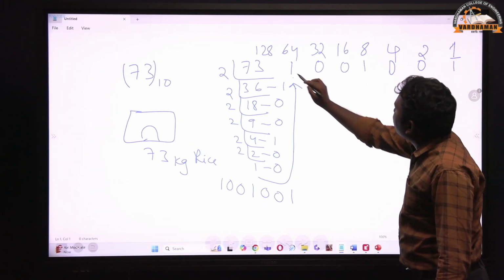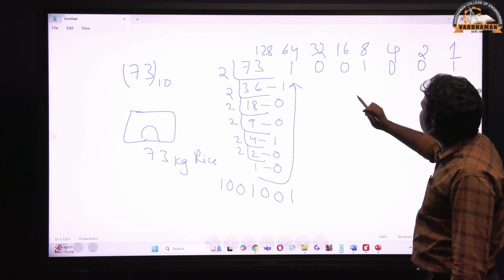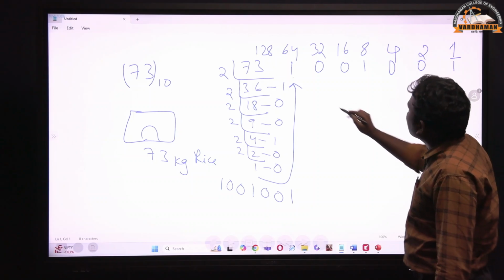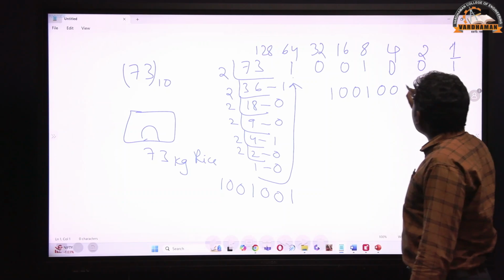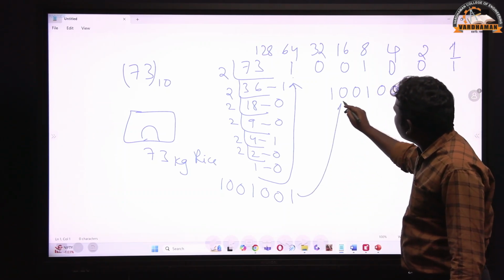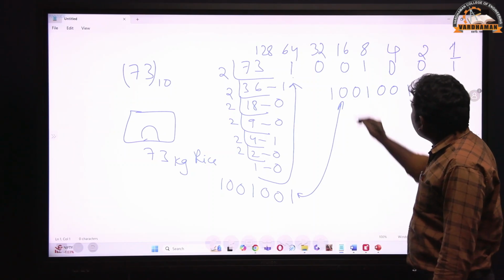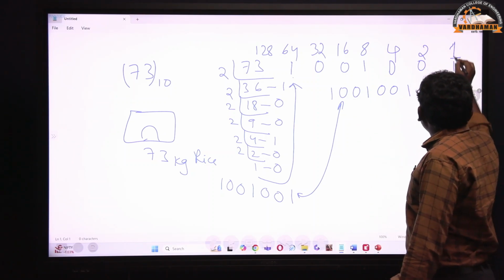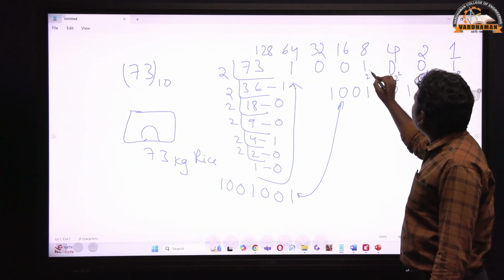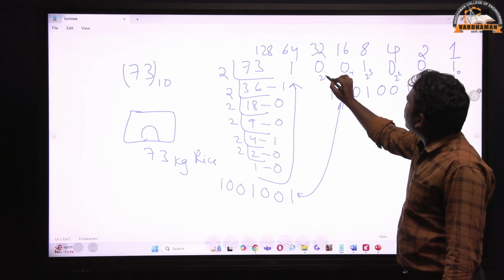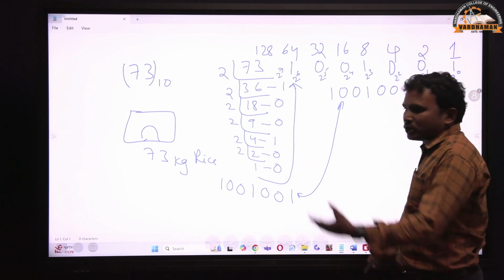So what we got: we kept 64, we kept 8, we kept 1, and we did not consider 32, 16, 4 and 2. The value we get is 1001001, which is the same as what we got before. So your number is constructed using this: 1 is 2 power 0, 2 is 2 power 1, 4 is 2 power 2, 8 is 2 power 3, 16 is 2 power 4, 32 is 2 power 5, 64 is 2 power 6, and 128 is 2 power 7, and so on.